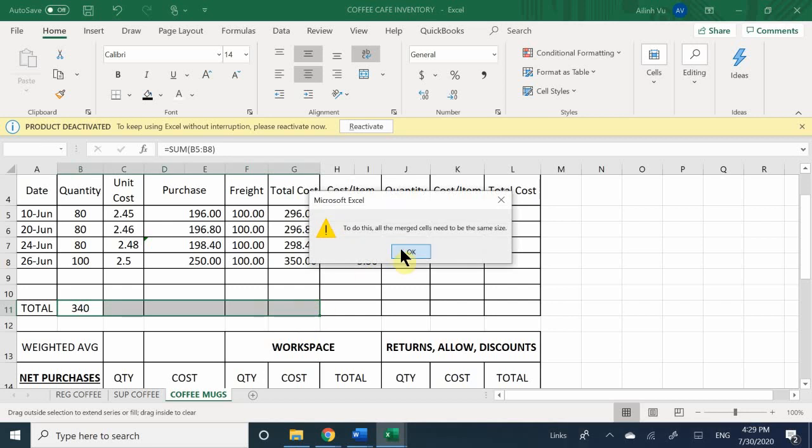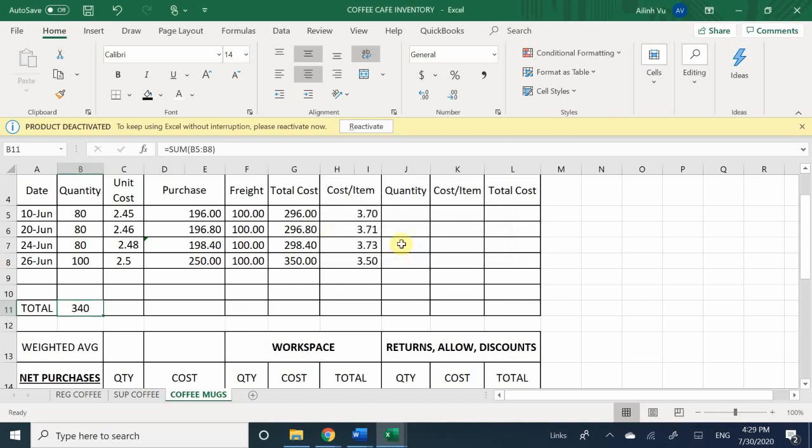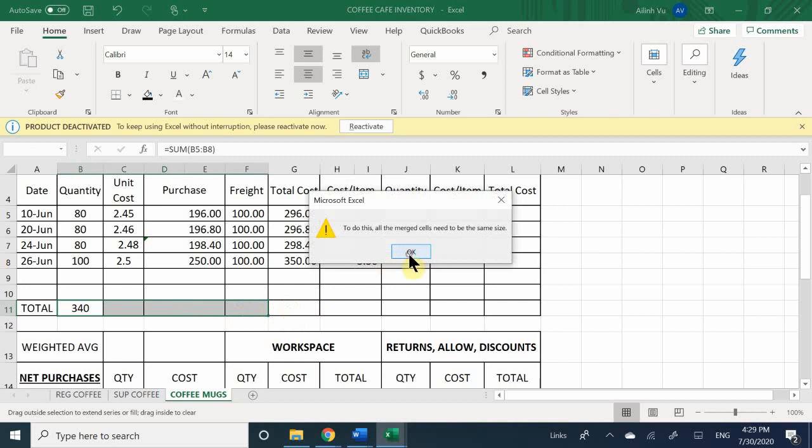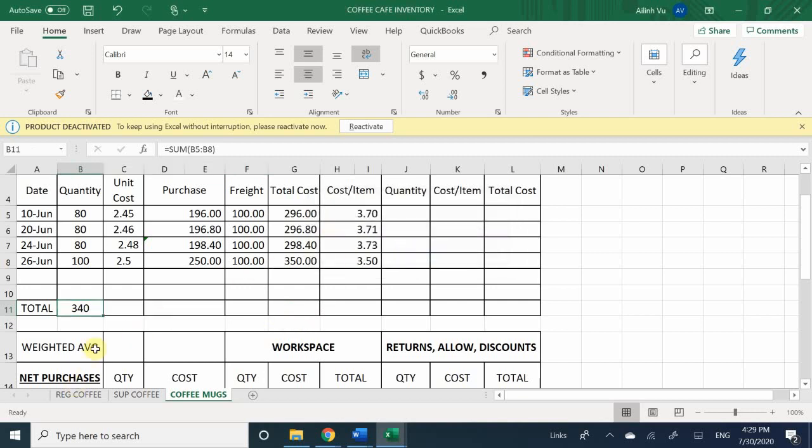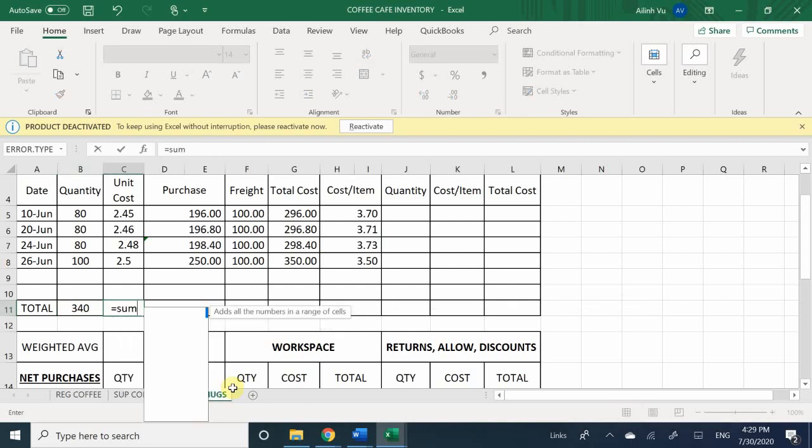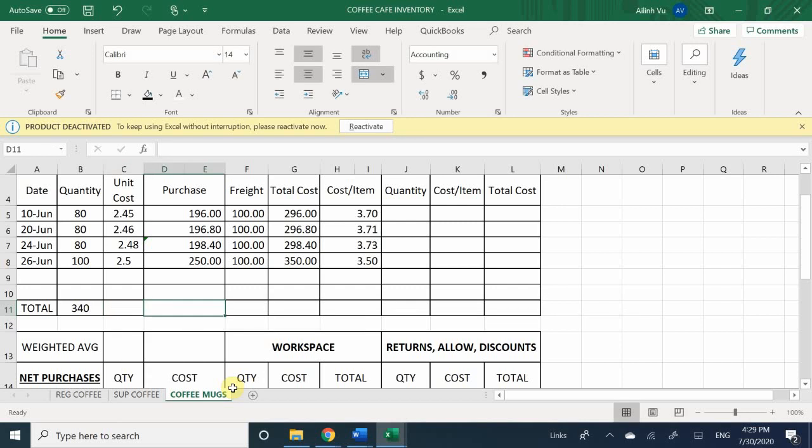Oh, 80. There are no cells that are merged. Okay, whatever. So I guess I have to copy the formula all the way over. Oh, no, I don't need that one.